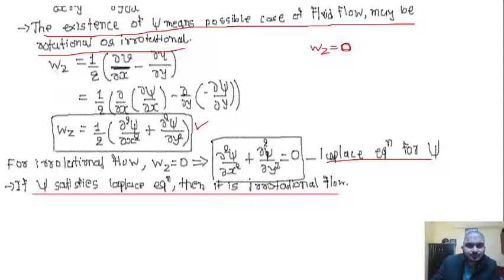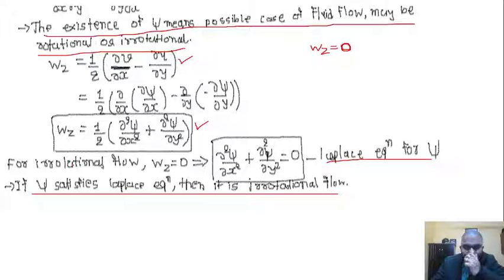That can be seen from here, that let's say we have omega z as this formula. We have already discussed this. So we have omega z, and here we have put the stream function form of the velocity component. So finally we are getting the rotational component in z direction.